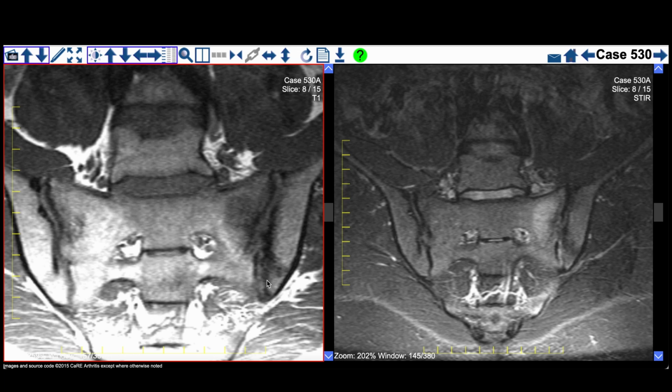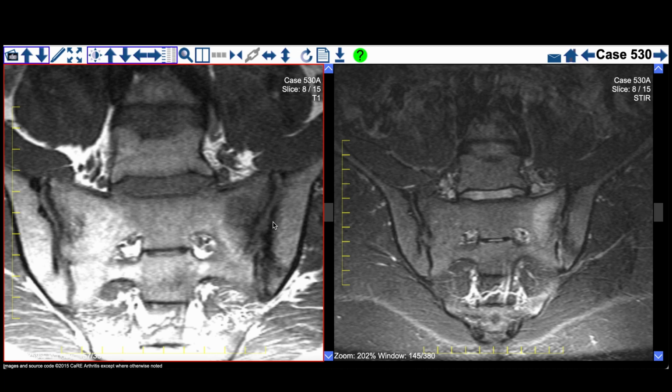Now, this patient has erosion. There's also erosion of the left sacrum, very irregular. And there's widening of the joint space because with the erosion, there is loss of the marrow matrix.